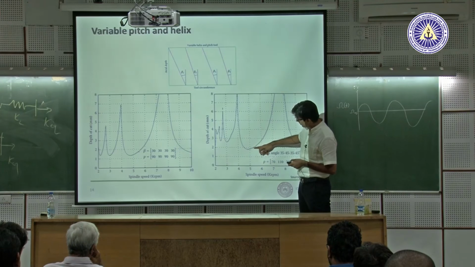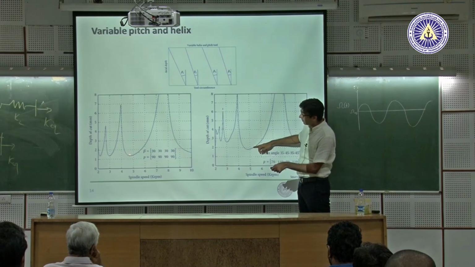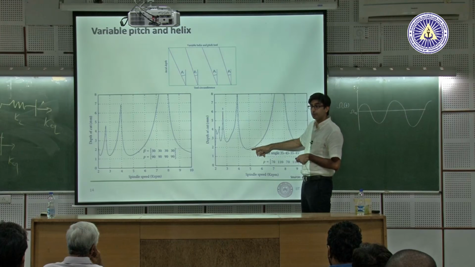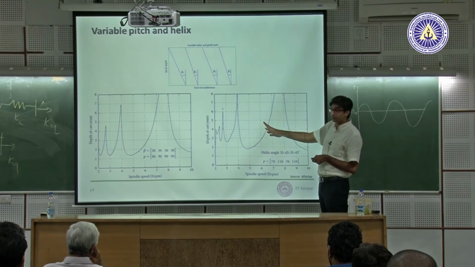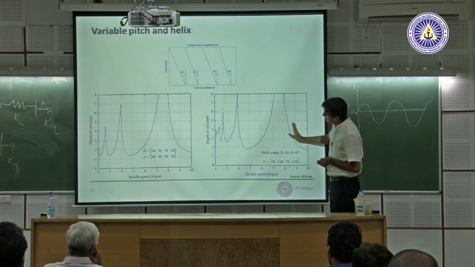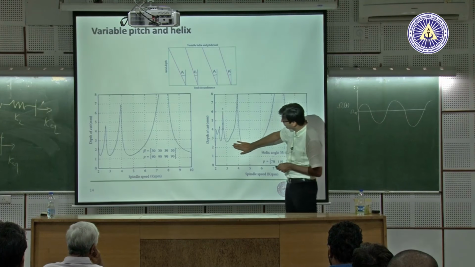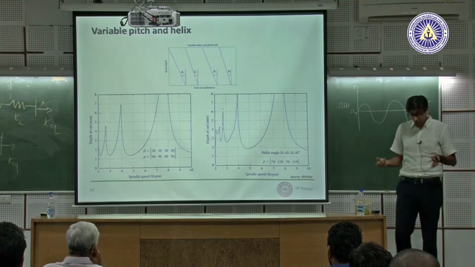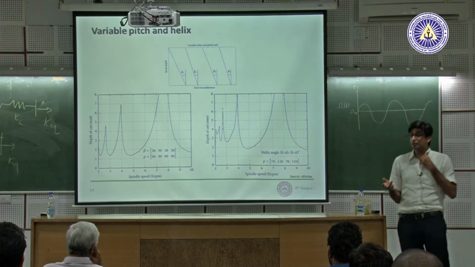Here it is about 1.4, 1.3. Here the minimum boundary is about 2 millimeters, 1.8. The nature of the lobes is very different, but you have a much bigger pocket here, which you did not have earlier. The idea is just use these 2-3 parameters to see how cutters work.